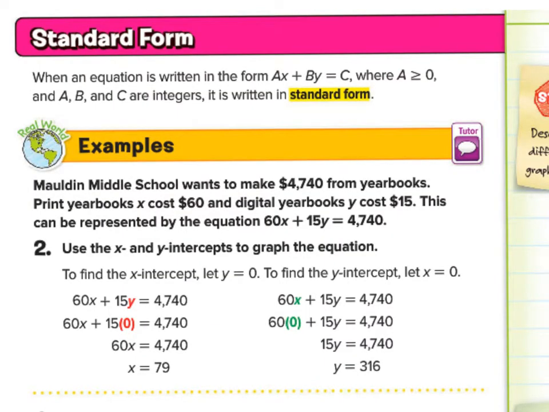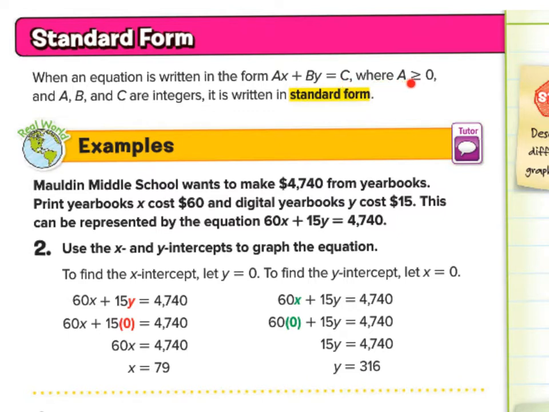Another way to write these equations is by writing them in standard form. We've been working with slope-intercept, but when an equation is written in the form of a value times x plus another value times y equals another number, this is called the standard form. So it could be, for example, like 3x plus 5y equals, I don't know, 32, any number, right?